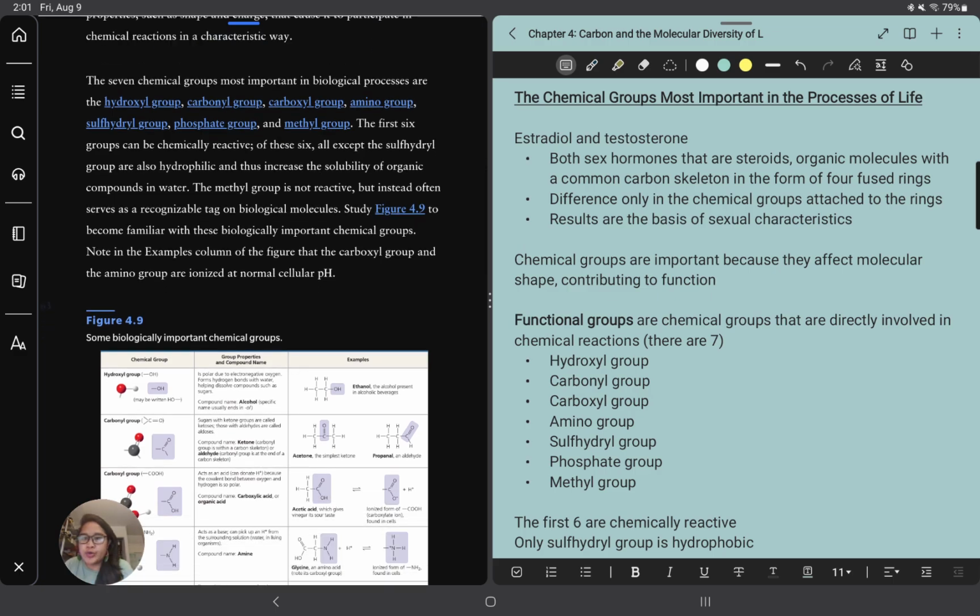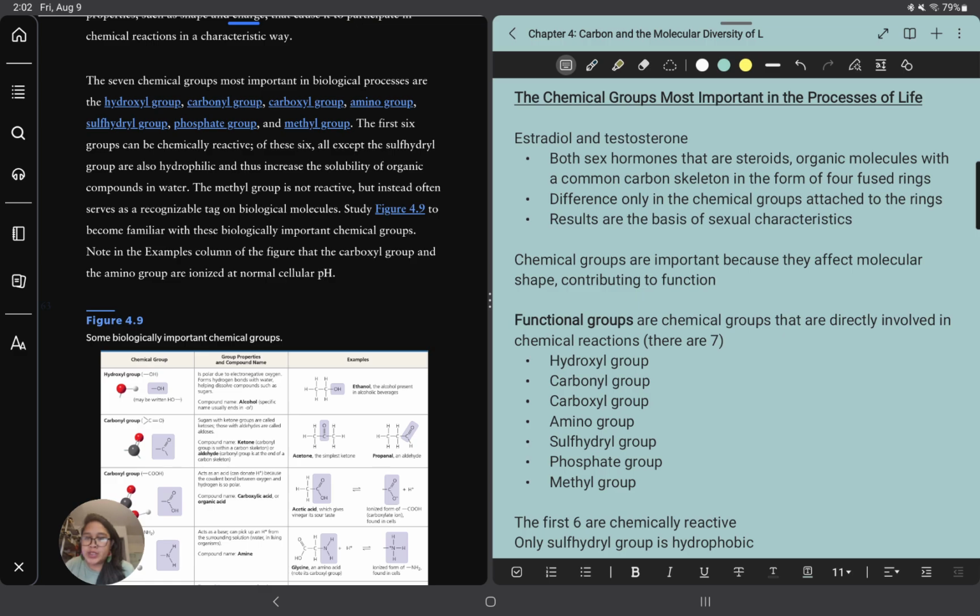The 7 chemical groups most important in biological processes are the hydroxyl group, carbonyl group, carboxyl group, amino group, sulfhydryl group, phosphate group, and methyl group. The first 6 groups can be chemically reactive. Of these 6, all except for the sulfhydryl group are also hydrophilic, and thus increase the solubility of organic compounds in water.